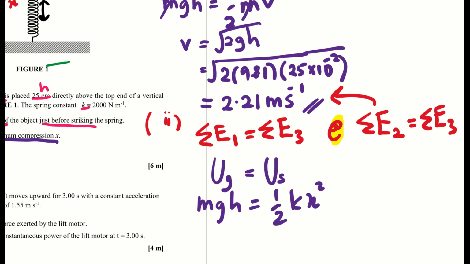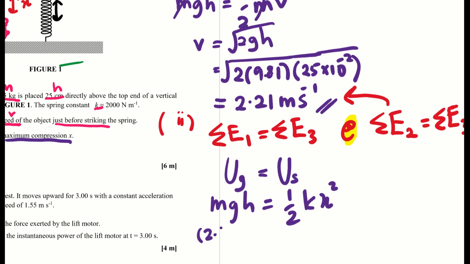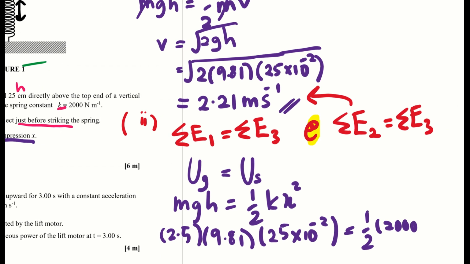Substituting all the values: the mass is 2.5, 9.81, height is 25 times 10 to the minus 2, half, k is given as 2000, and x is the one that we want to find out.